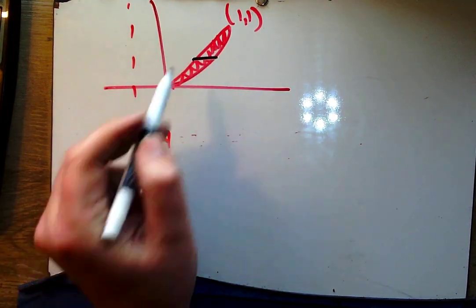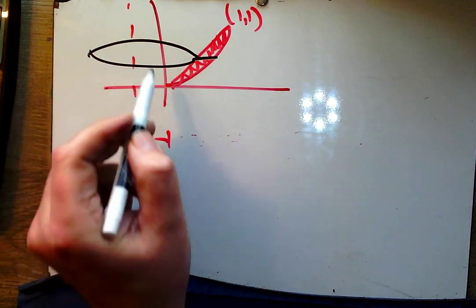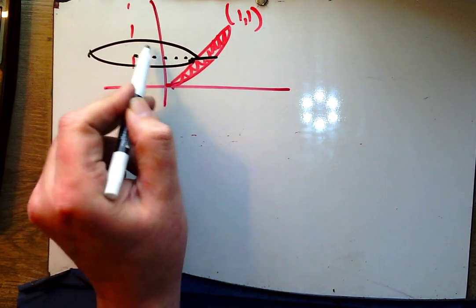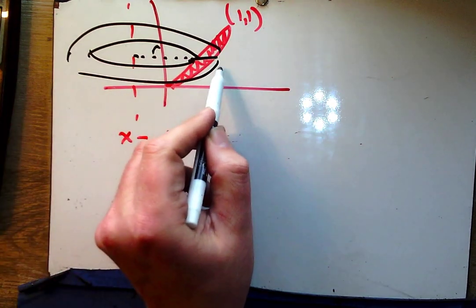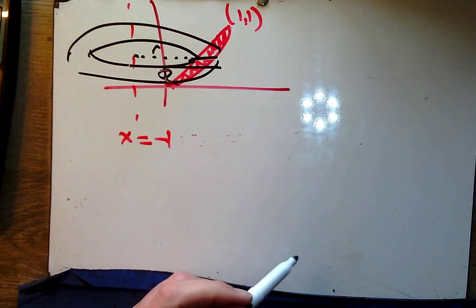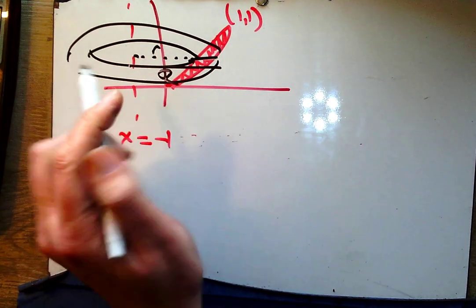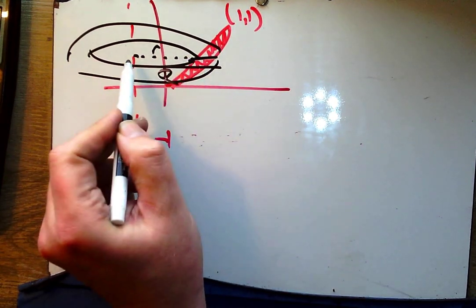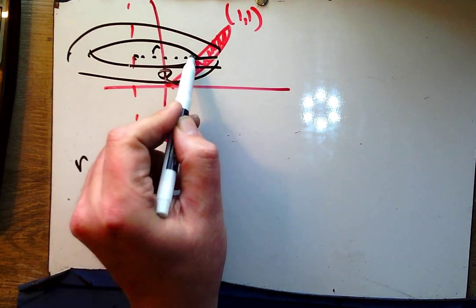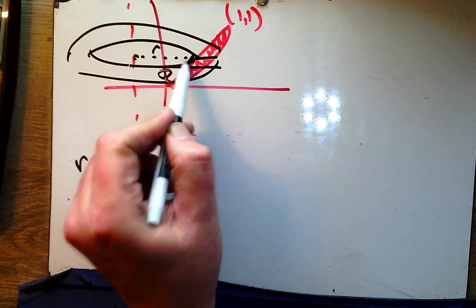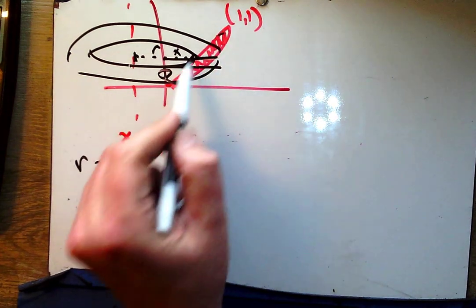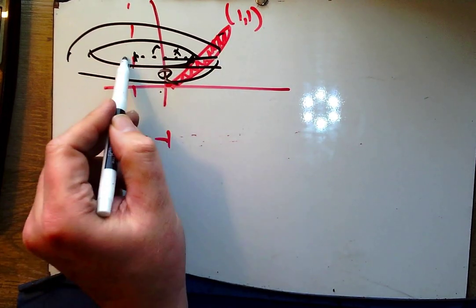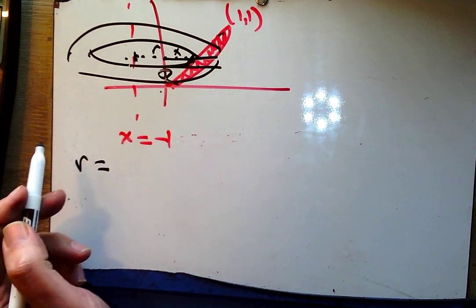Okay, so if I'm doing disks or washers, then I am thinking about drawing something perpendicular to the axis of rotation. Here's my little r. And there's my big R. Now, little r is the distance from here to here, or right minus left. Well, that's x that goes with y equals x, and this is -1.